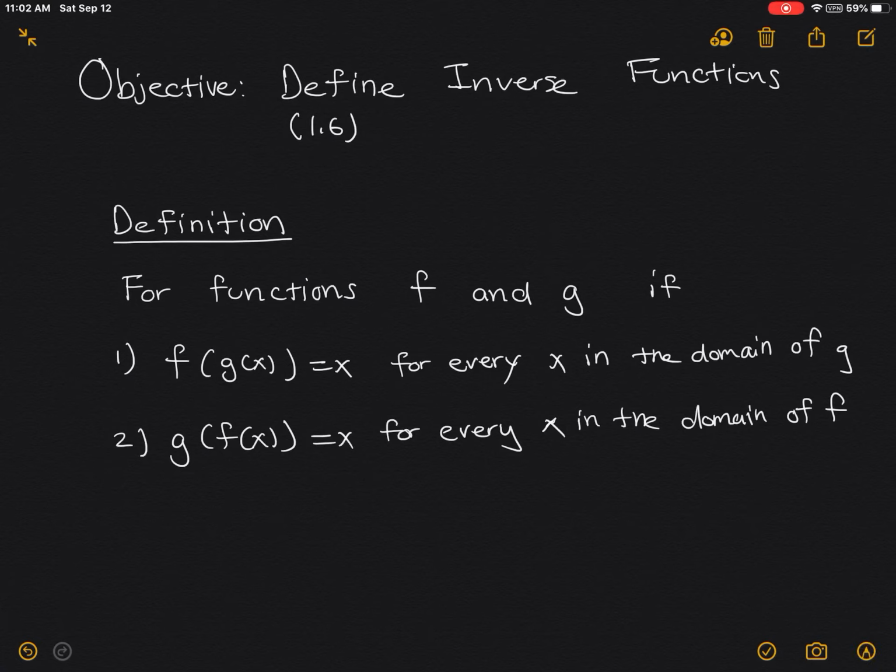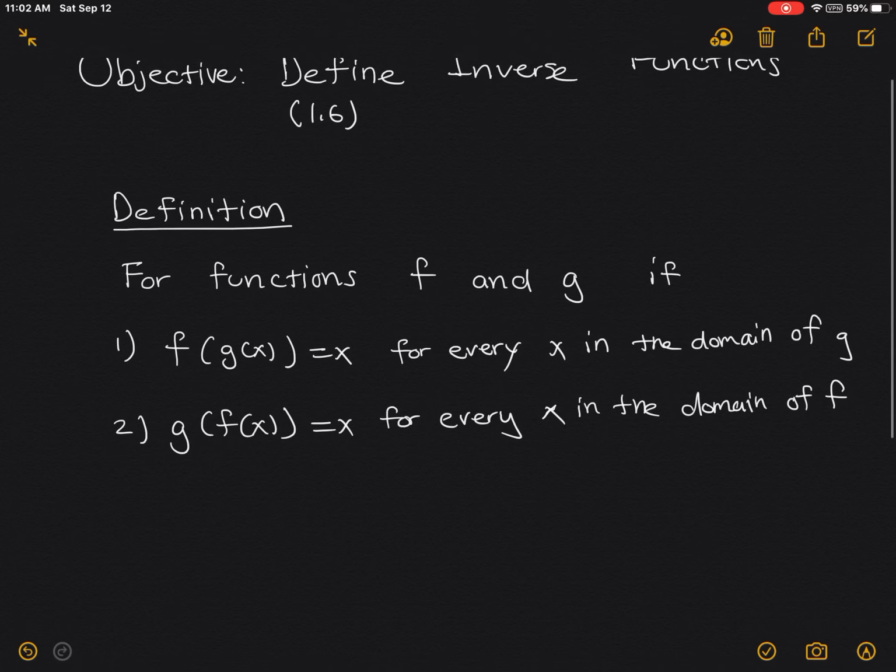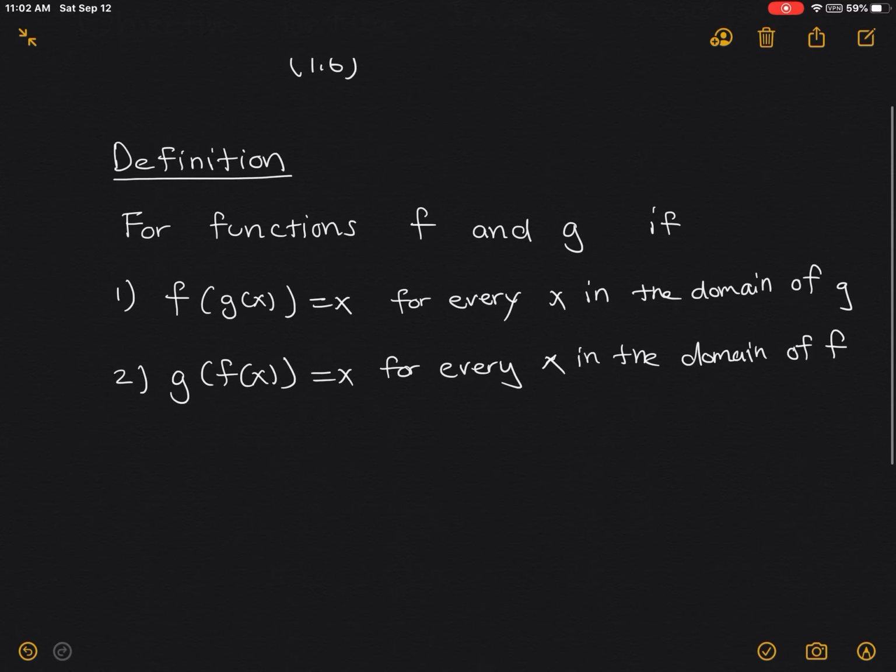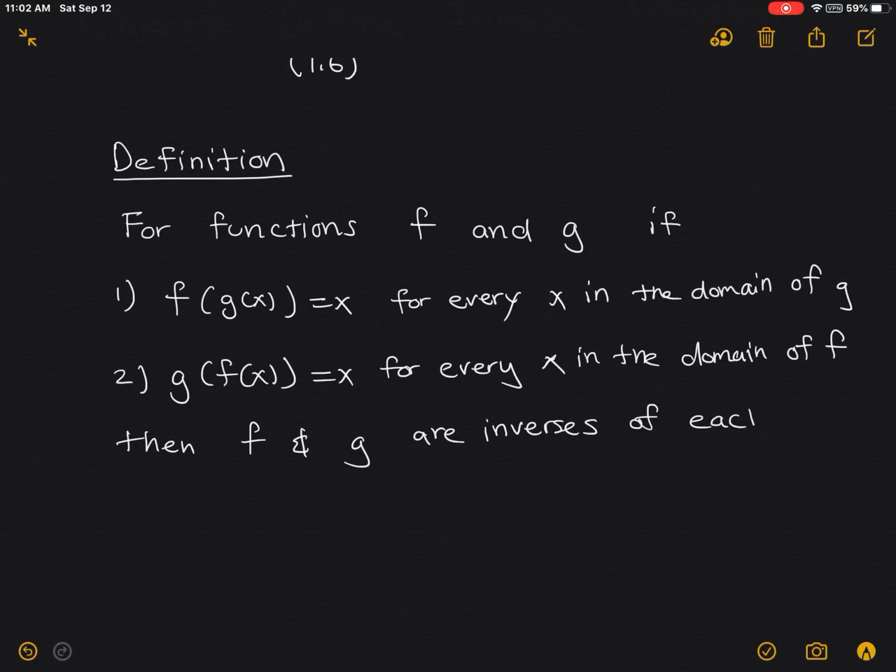Okay, so in other words, every x in the domain of my input function for number 2, every x in the domain of the input function for number 1. If these two conditions are met, then what I can say is that f and g are inverses of each other. Okay, so that's the definition.